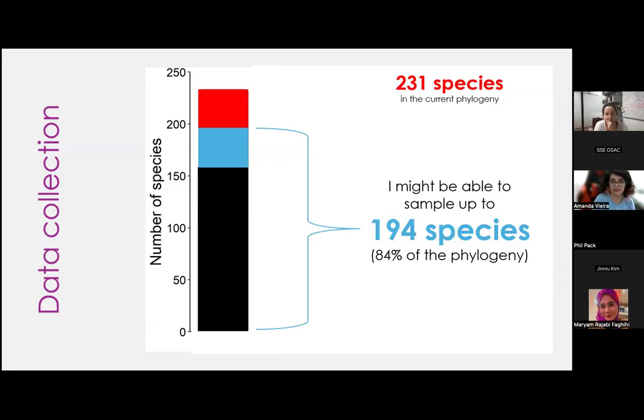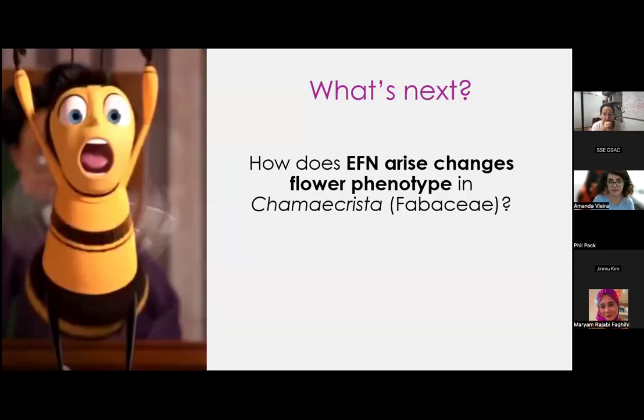If I can add these 38 species, I would have 194 species from the 231 species in the current phylogeny, which would correspond to 84%. I might not have data for all of them, but up to 194 species.